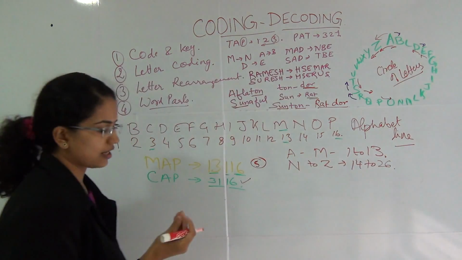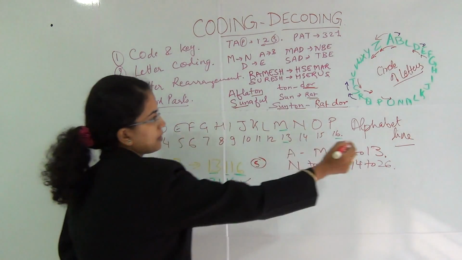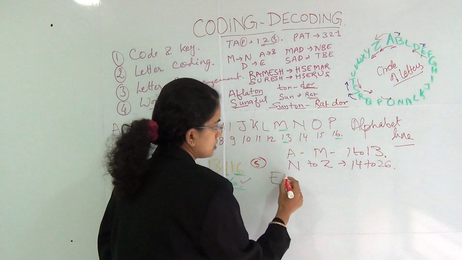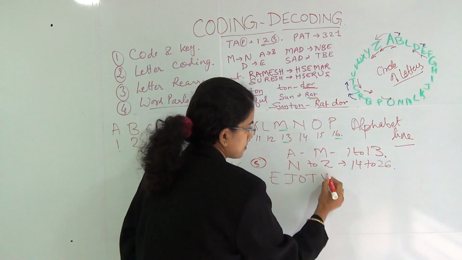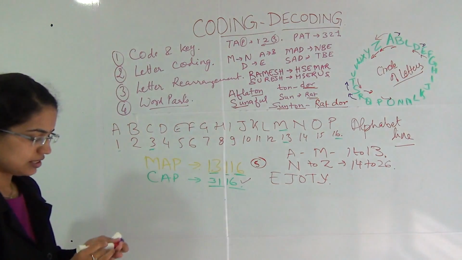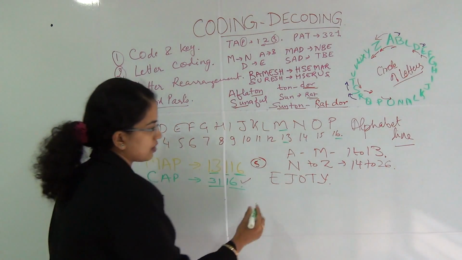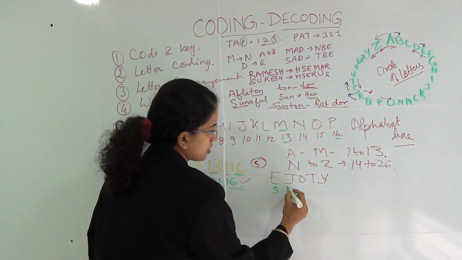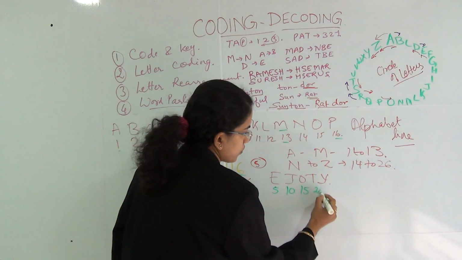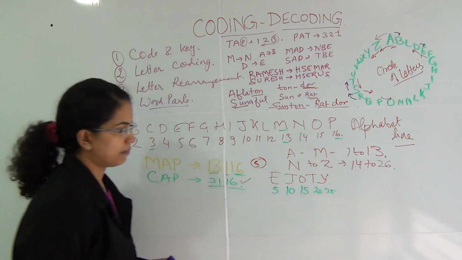That's the first thing. The next thing you need to remember in alphabet line is the word EJOTY. These letters stand for the numbers 5, 10, 15, 20 and 25 on the number line.